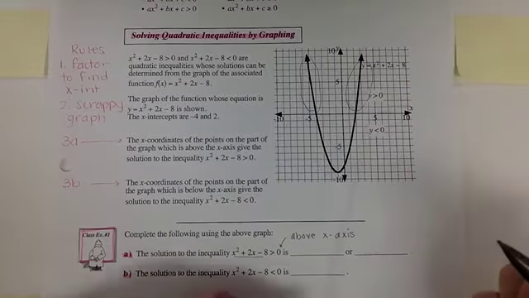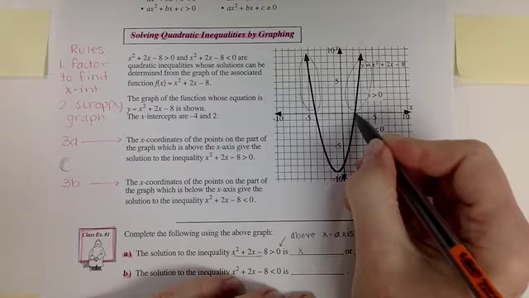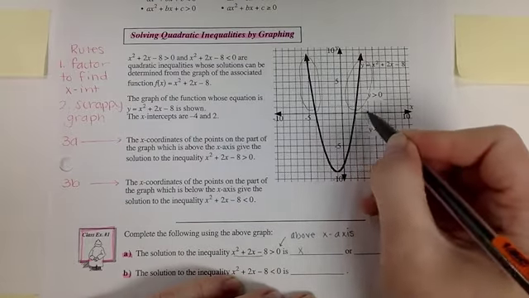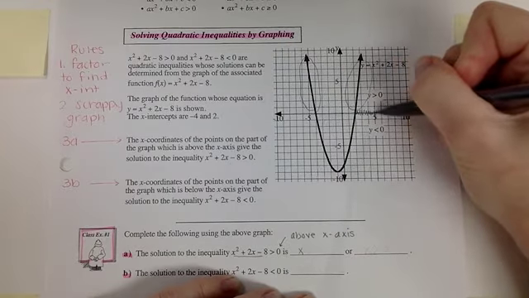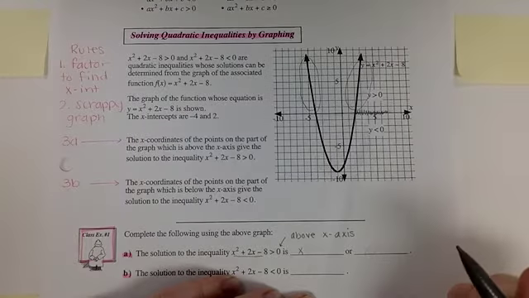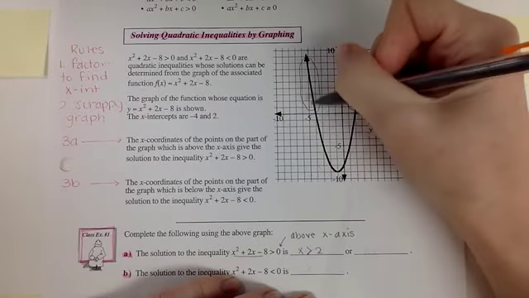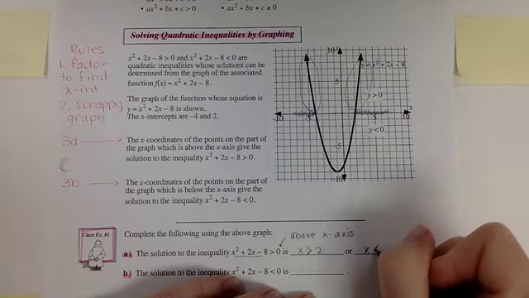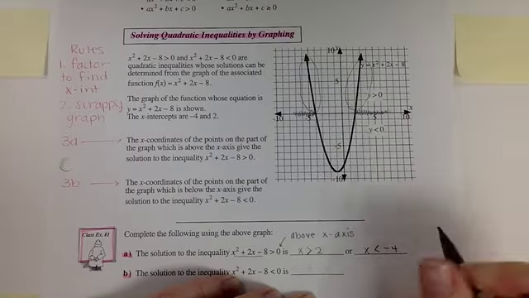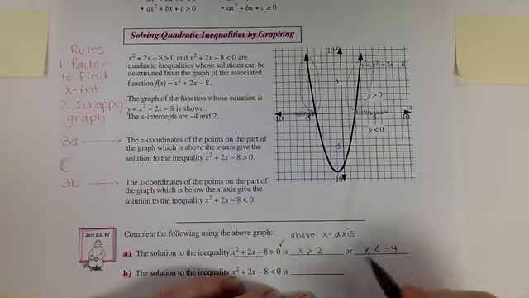So I can just write x is, this is 2, so everything that's greater than 2 in my domain. So if x is greater than 2, or x is less than -4. And notice I'm using greater and less, not with the equal signs, because that's what it said here.